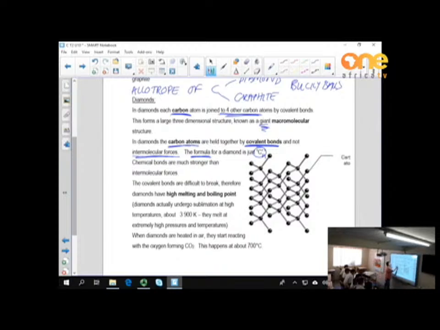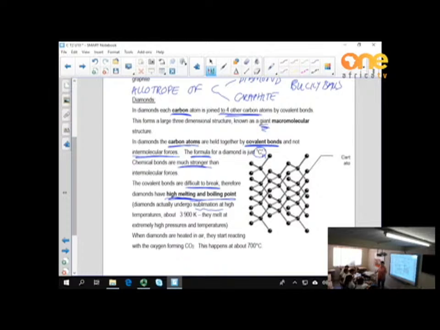Chemical bonds are much stronger than intermolecular forces, so they are difficult to break, and therefore diamonds have high melting and boiling points. In actual fact, diamonds tend to undergo sublimation at very high temperatures.